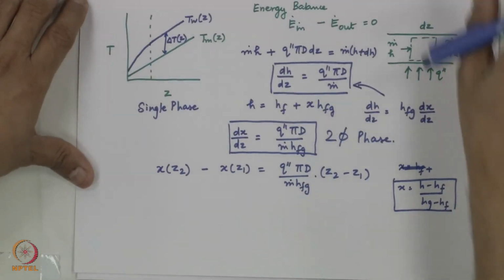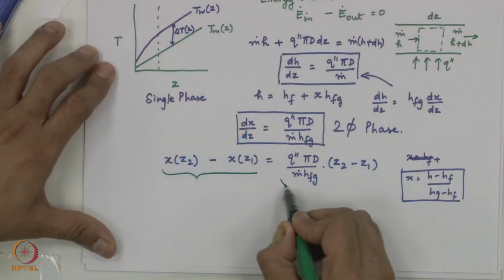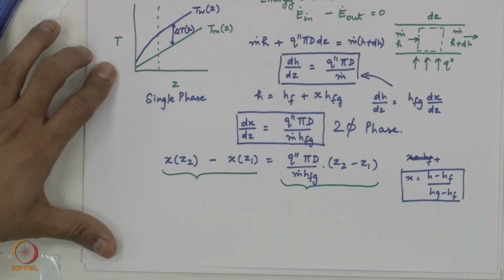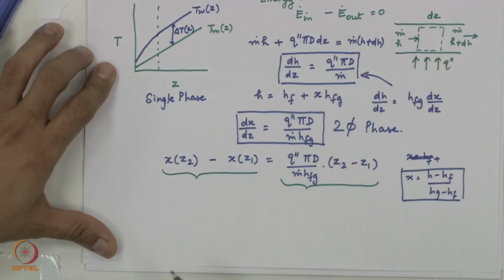Now, why I said all this is that in a regular steam generator or evaporator, the governing equation for variation of quality is this. If I have constant wall heat flux, then this expression can be integrated like this.